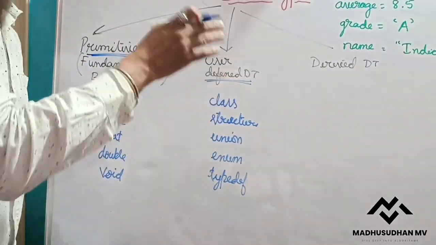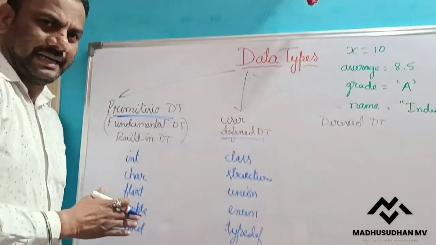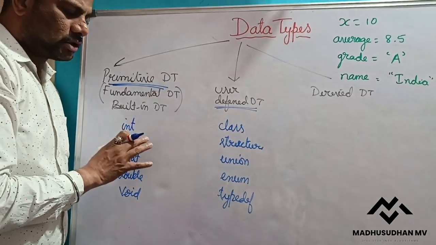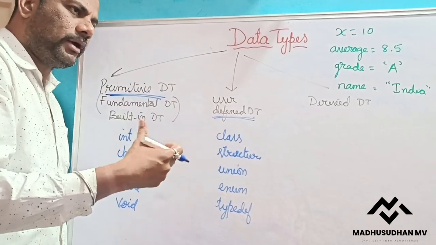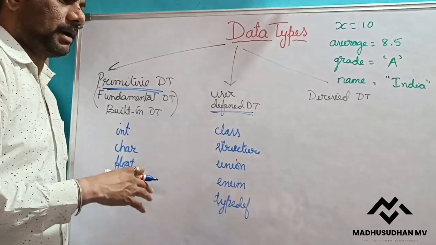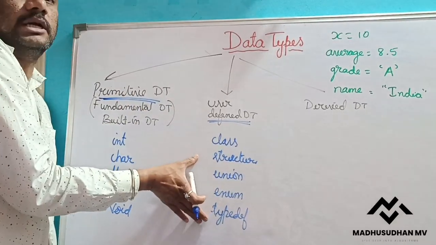So these are the user defined data types. Assume these are the built-in data types. These 5 are not enough for our requirement, so we can define our own data types based on the requirement. That's what user defined data types are.